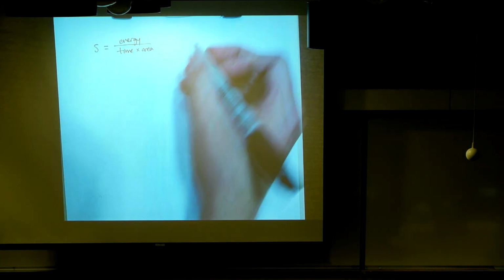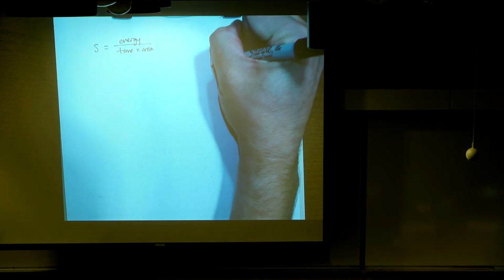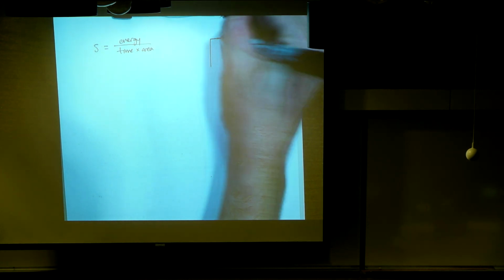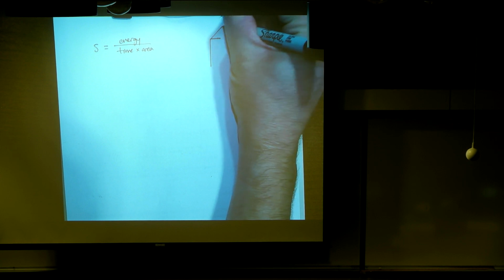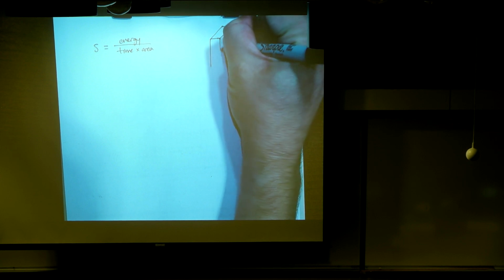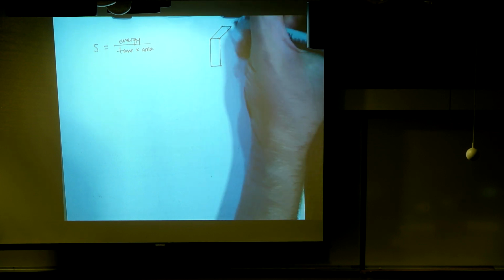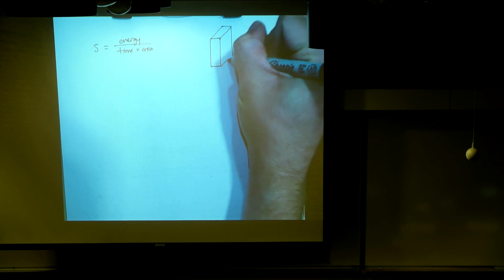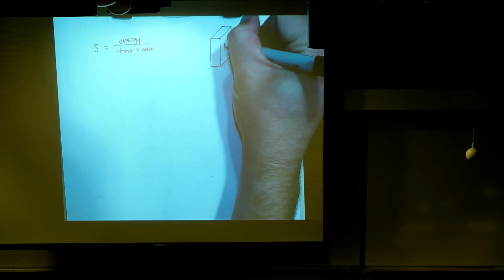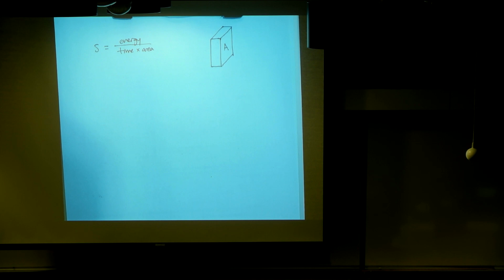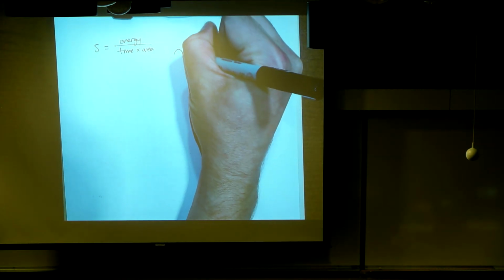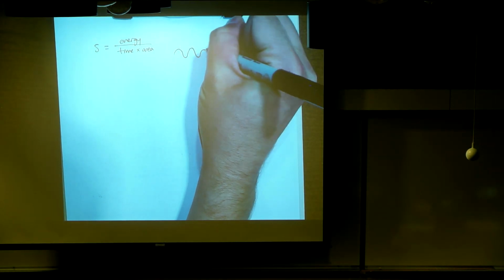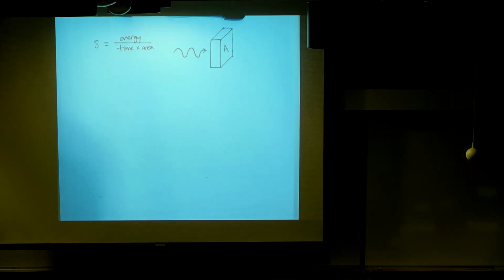So I'm going to copy down the basic picture that was on the slide just so we can use it for reference. Let's imagine our surface is just some kind of rectangular surface like this. And let's say the area right there is A. And what we have is some kind of electromagnetic wave which is coming in and just hitting that surface.